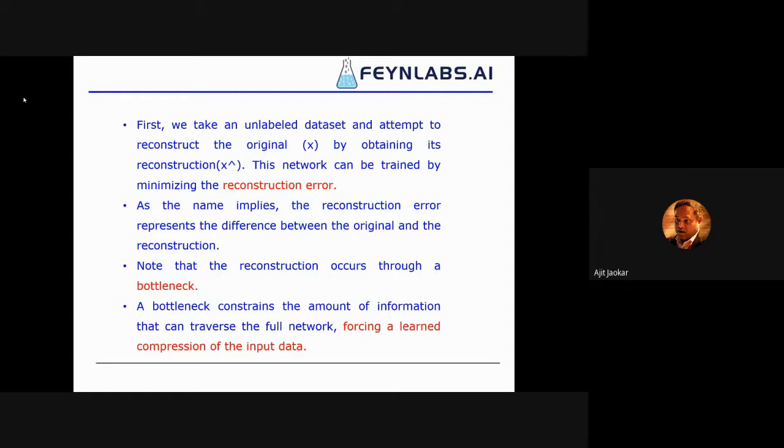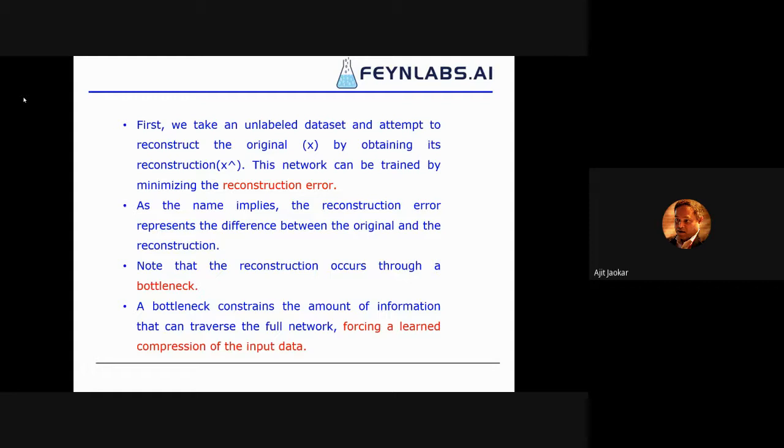So if you extrapolate the idea here, autoencoders have something called a reconstruction error. The idea of the reconstruction error is you have something and you try to reproduce it, and if the reproduction is the same as the original, then you know that something is valuable about that. And the key thing is that the reproduction is based on a bottleneck.